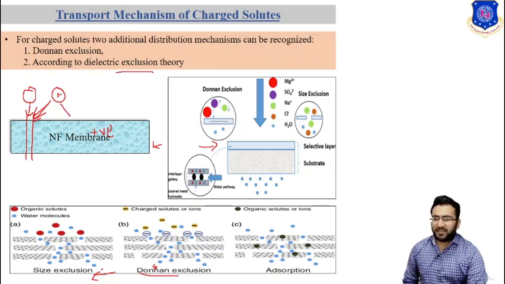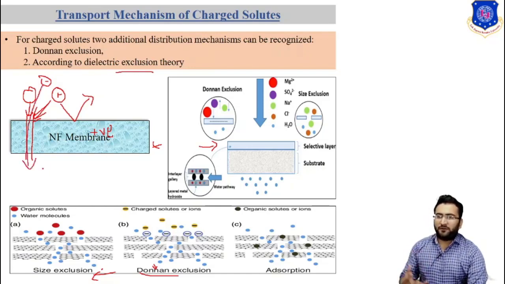It will be rejected by the membrane. But if a solute is smaller than the pore size, and let's consider this is a negative solute or negative ion, it can pass through this membrane. So the nanofiltration membrane works on both theories, Donnan exclusion and size exclusion.